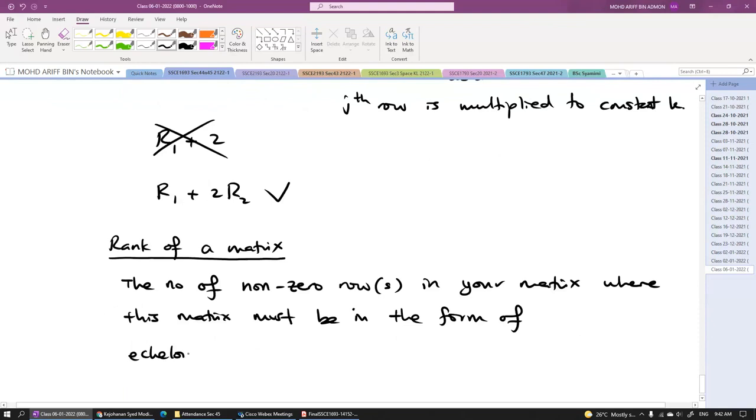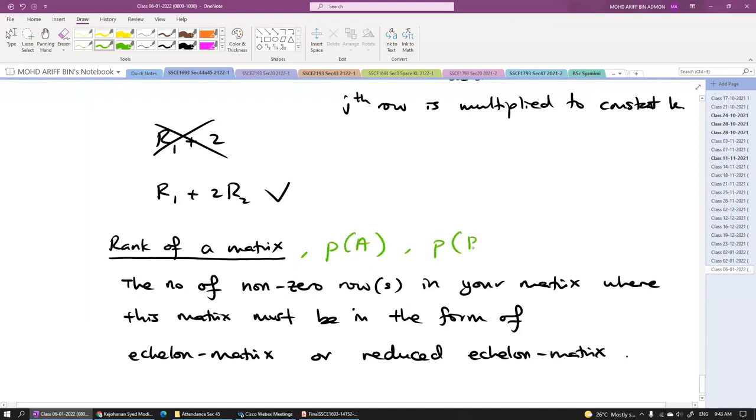must be in echelon matrix or reduced echelon matrix form. To get your rank, normally we use the symbol P. If your matrix is matrix A, P of A. If your matrix is B, P of B. Later we use this notation P to represent our rank.